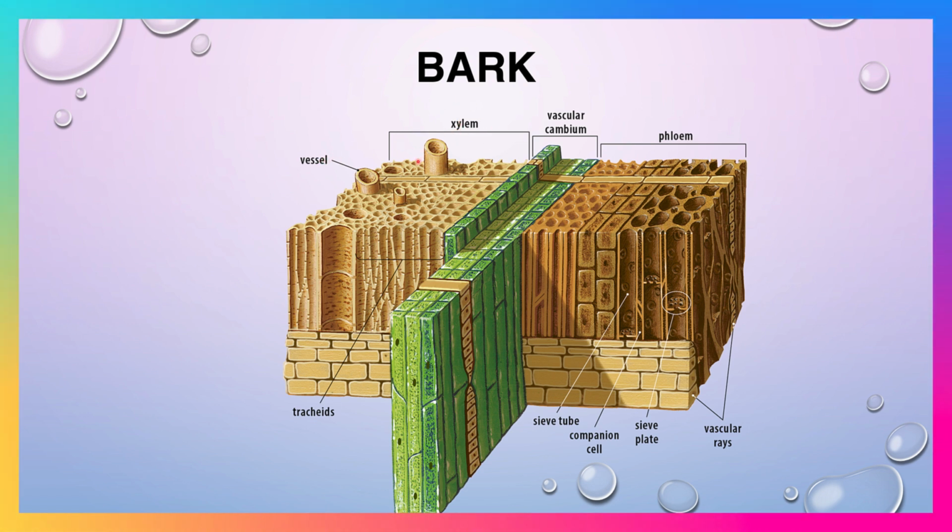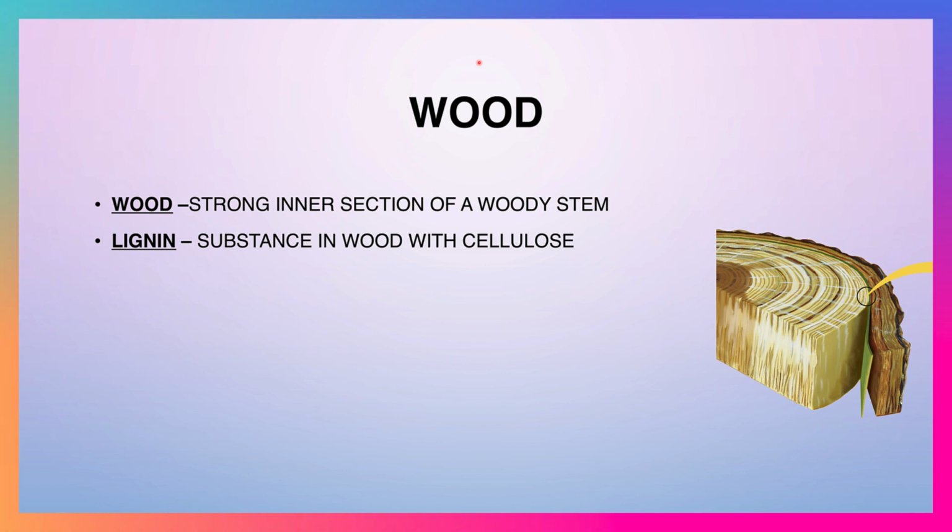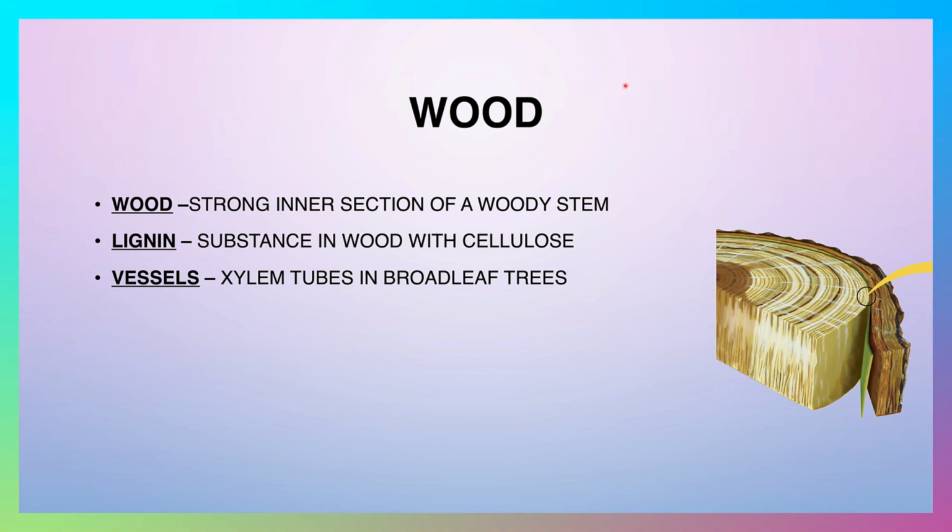Now the wood is a strong inner section of the woody stem that is reinforced with a substance known as lignin, and lignin joins with cellulose to make a very strong substance. And within the wood are the xylem cells in broadleaf trees, and the xylem cells carry, as I said, water and minerals up from the roots into the rest of the plant.